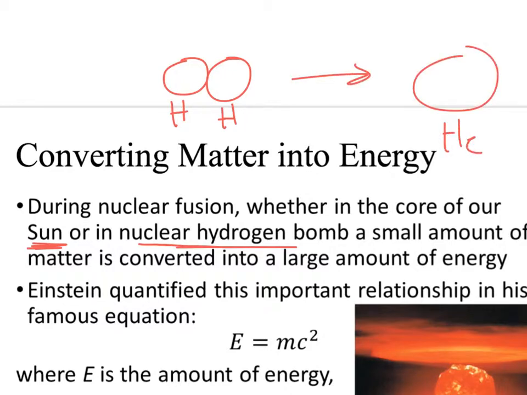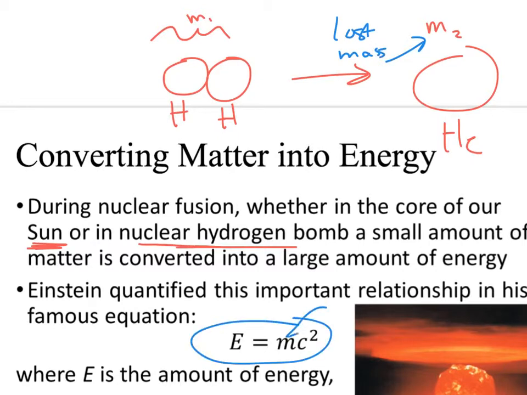I know it's much more complicated than that. In doing so, if you were to weigh this, I'll call this M1 and I'll call this M2, it has lost mass, and that mass is converted to a lot of energy, according to Einstein's equation.